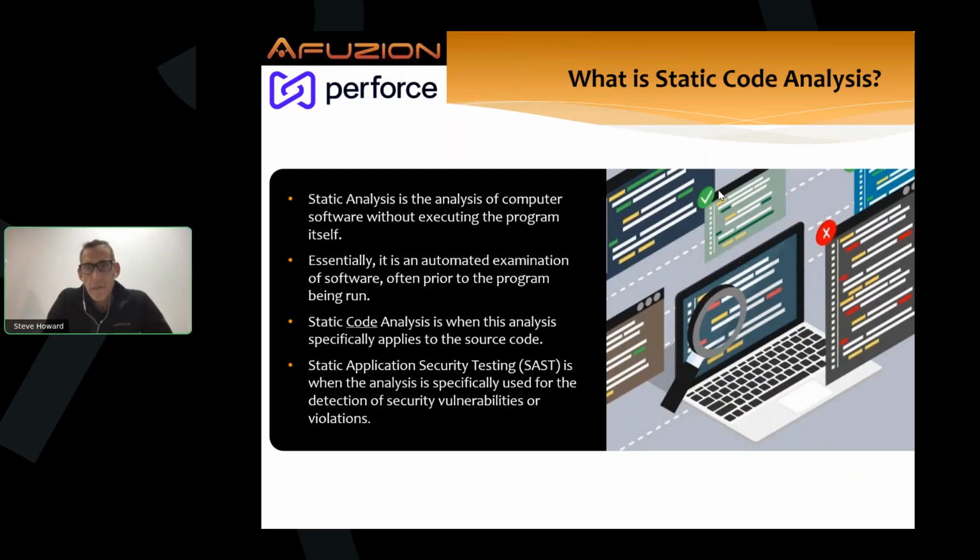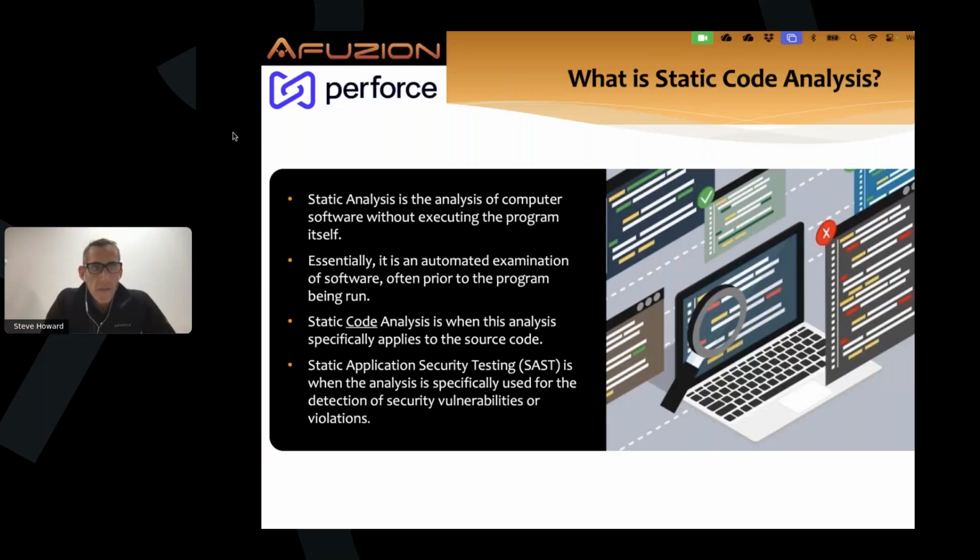So static analysis, just to give a brief introduction whilst Vance is changing things over, is the idea of analyzing computer software without actually executing the software in any way, hence the static. This is something that we can use to glean information from the software program, and that can be in many different forms. It can be anything from license compliance, through lots of different forms of static analysis, through to coding errors and compliance to standards, as Vance mentioned.